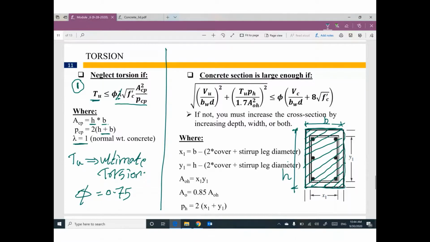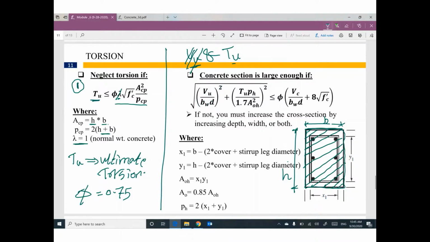V ultimate, if you have shear. If you don't have shear, this term will be neglected. Because sometimes you have shear and torsion at the same time, under the effect of different loads. If you don't have shear, neglect the first term. But if you have shear, you have to consider it.